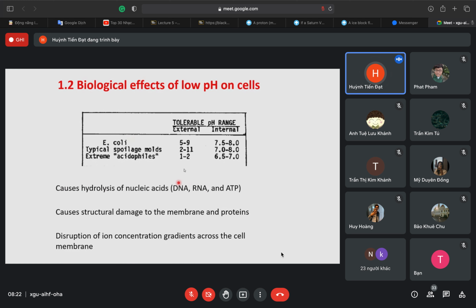When we change the inside to a lower pH, it can cause hydrolysis of the nucleic acid. It can also damage the membrane structure and protein, and disrupt the ion transition gradient across the cell membrane. So that is the general concept here, and more detailed explanation was already mentioned for you guys.